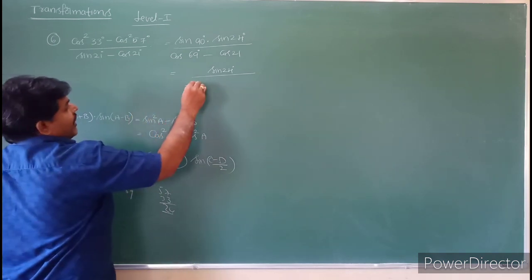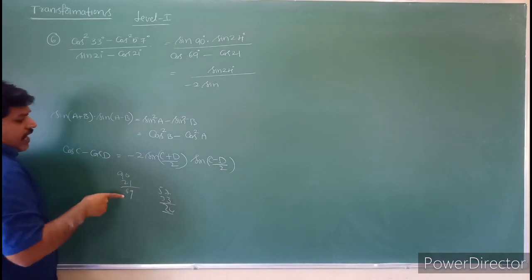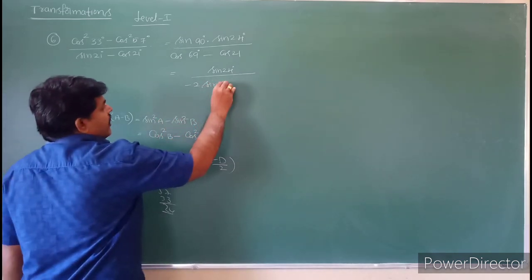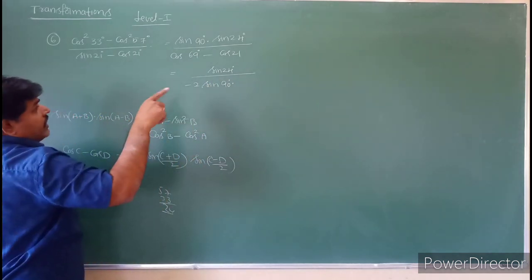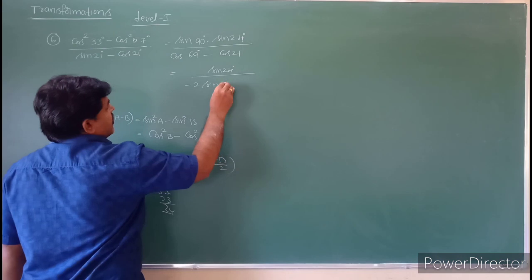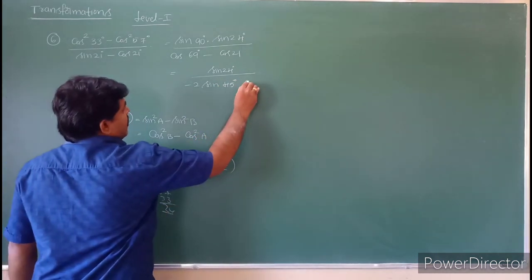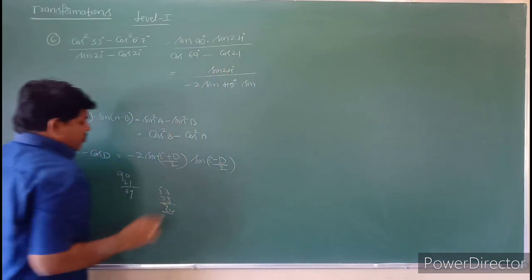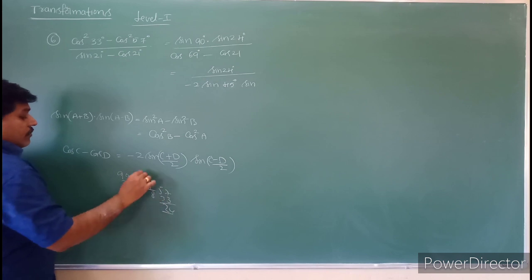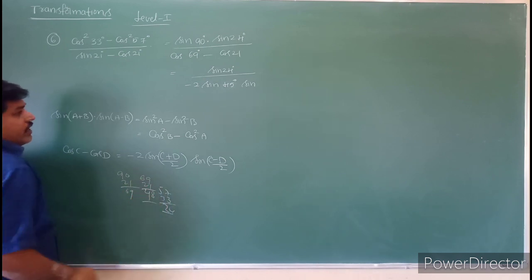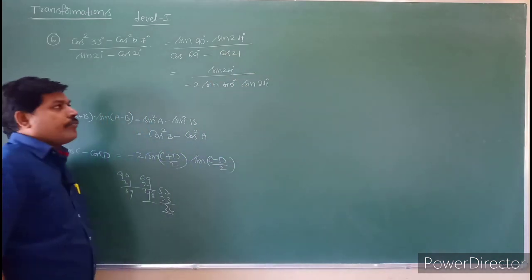So verify that. 69 plus 21 is 90, and 90 by 2 is 45 degrees, into sin of 69 minus 21, which is 48.